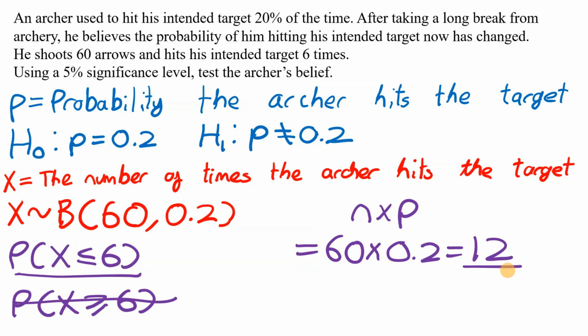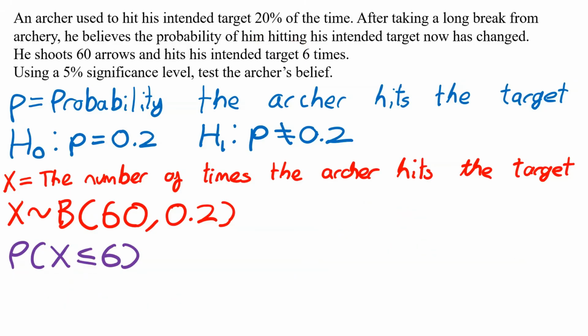And if the observed outcome is bigger than the expected value, we are testing if the probability has gone up. So here, the expected outcome is 12, the observed outcome is 6, so therefore we're testing if the probability has gone down, and we're going to be finding the probability that x is less than or equal to 6. However, a lot of the time you can kind of just eyeball it from the question.